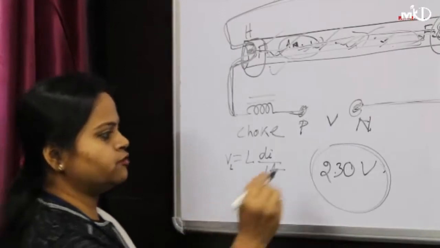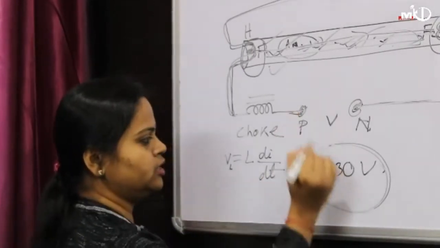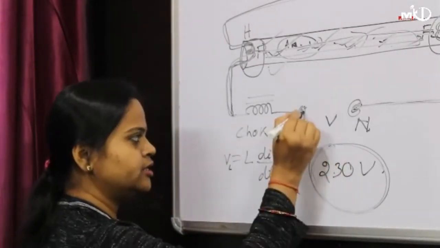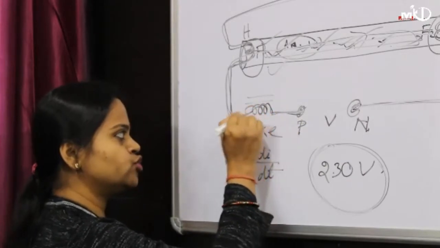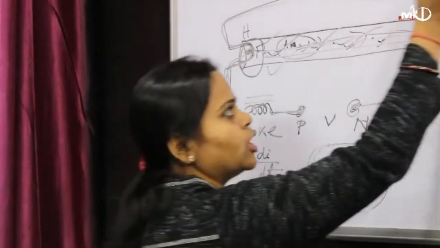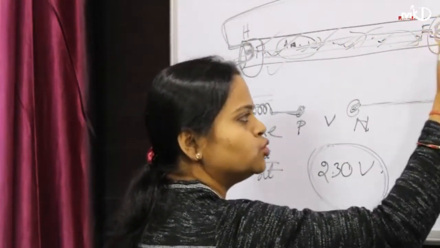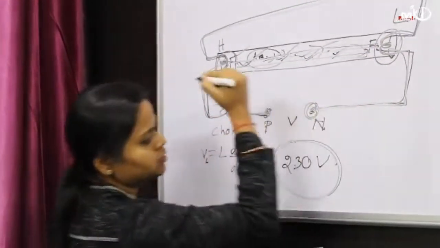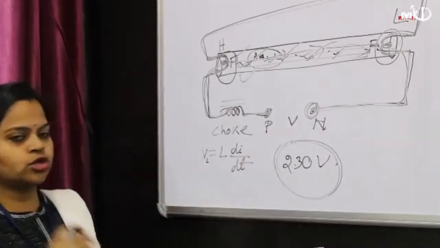Initially, when the 230 volt supply is there, current flows through this choke, then the upper part, filament 1, filament 2, then ends at N. This is the closed circuit.